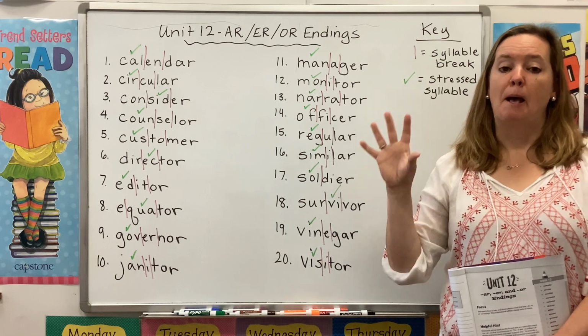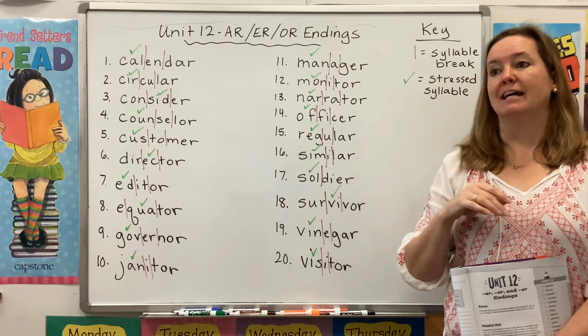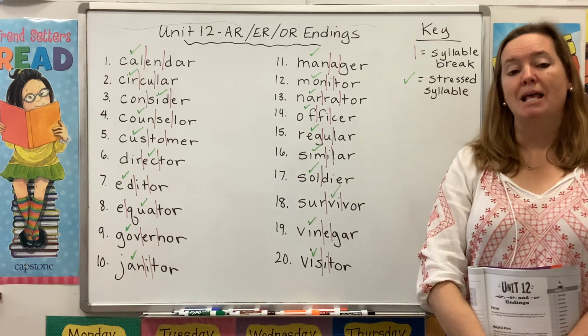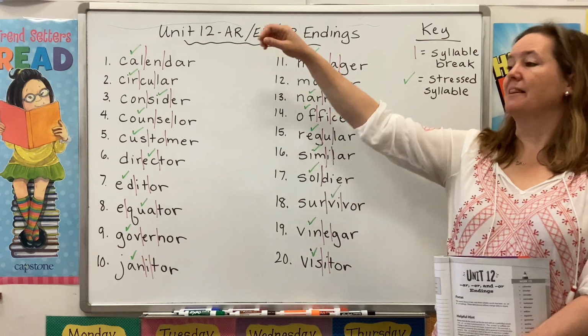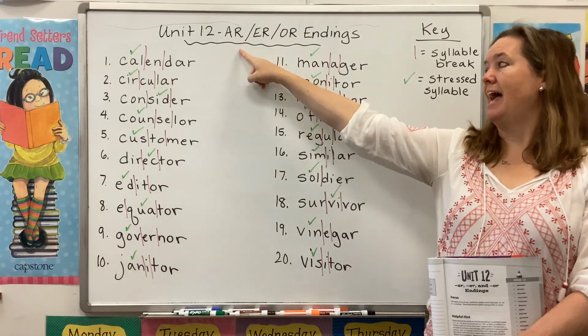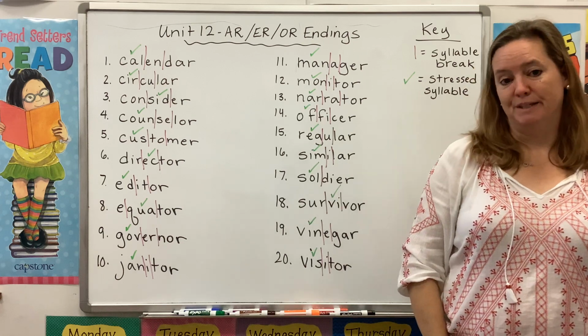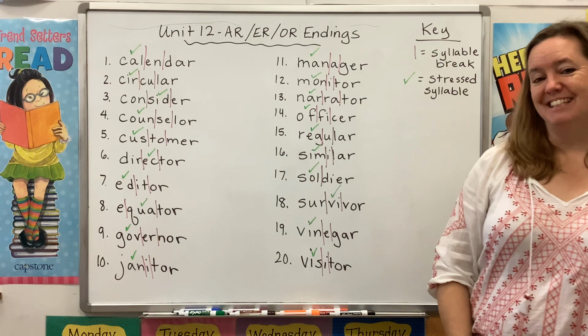So for instance, manage becomes management, and assess becomes assessment. This week we're going to see what happens when we add the derivational suffixes AR, ER, and OR to a word. But before we do that, let's read our list.